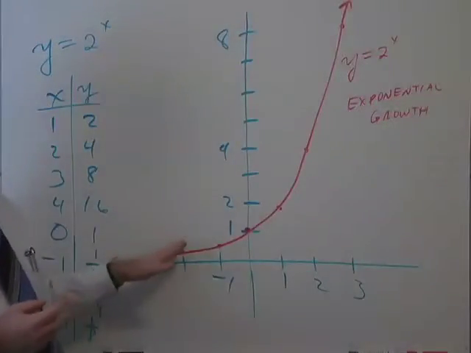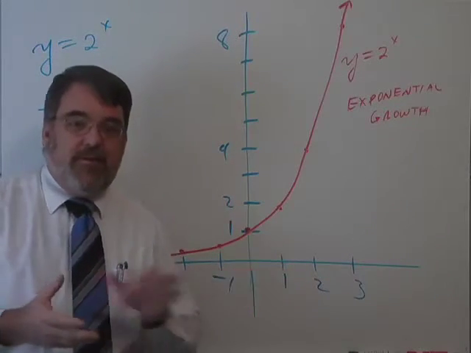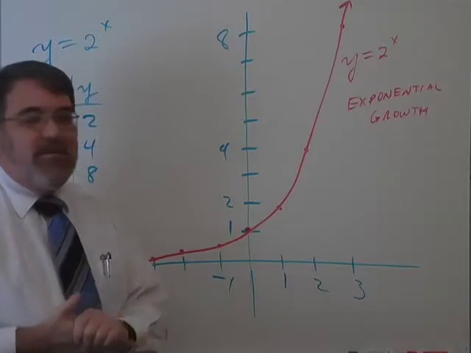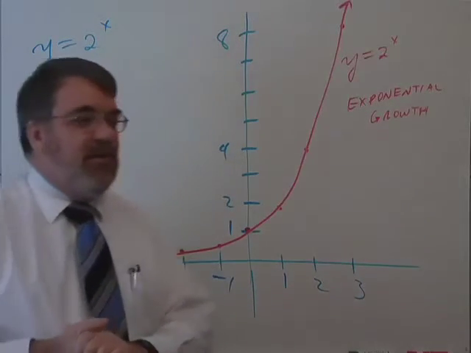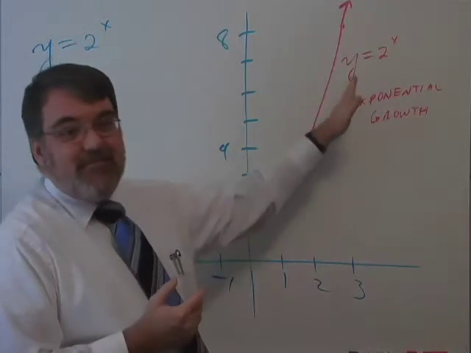Populations tend to grow exponentially when there's nothing to stop the growth of that population. With humans, there's really nothing to stop the growth unless there's a very devastating war or a famine that would slow us down. So human populations tend to grow this way.